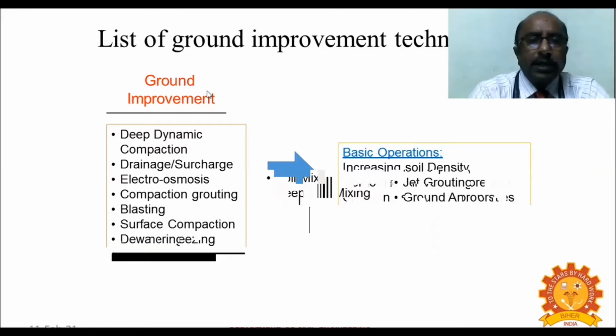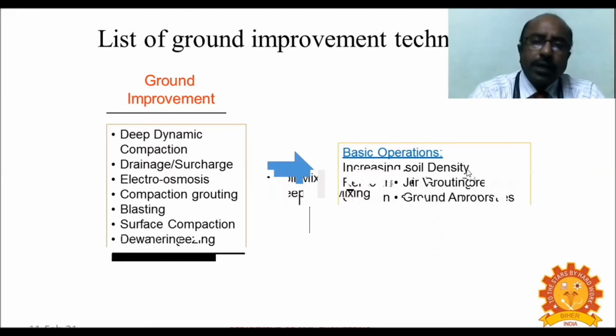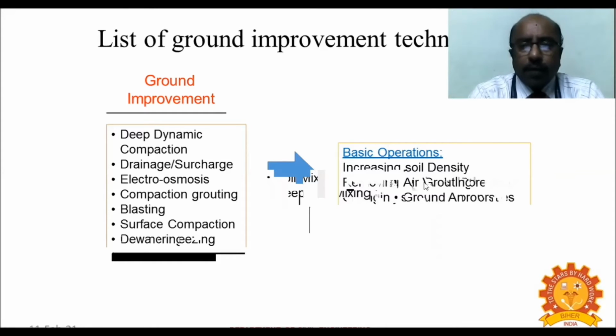In ground improvement, the basic operation is increasing the soil density or soil unit weight. When you increase the soil unit weight, automatically the load carrying capacity increases. So how can you increase the soil density or unit weight? By removing the air.